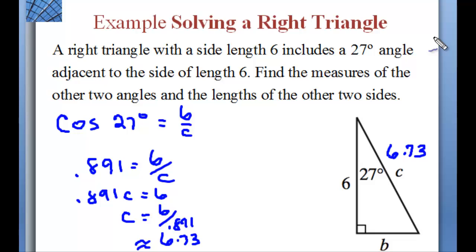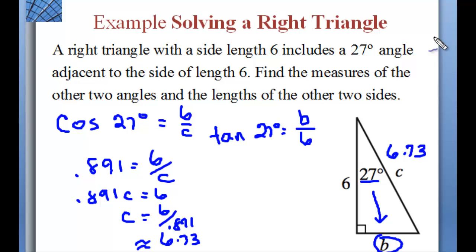The next thing we want to do is find our b. B, if we're going from the 27 degrees, is the opposite. So we have the opposite and the adjacent, which will give us the tangent. Tangent is the opposite over adjacent. So tangent of 27 degrees is the opposite, which is b, over the adjacent, b over 6.